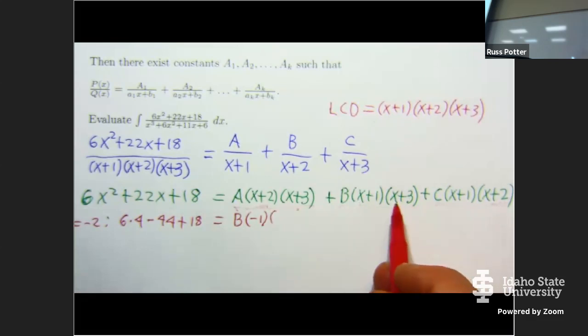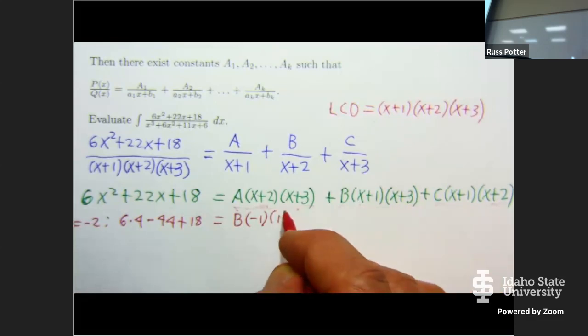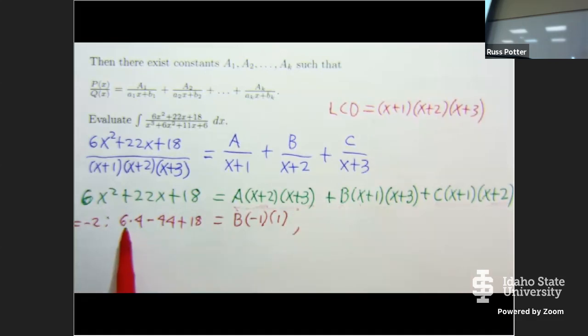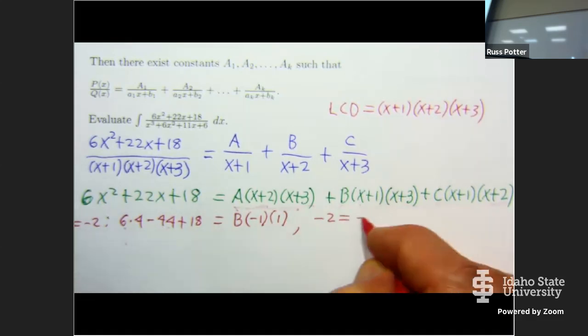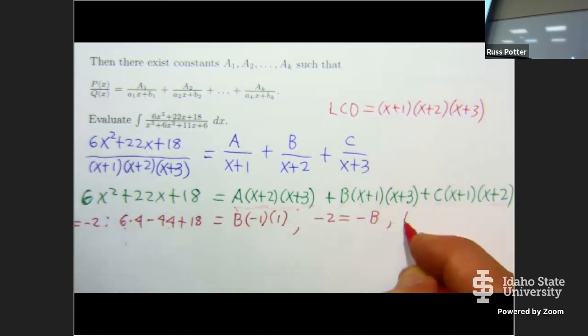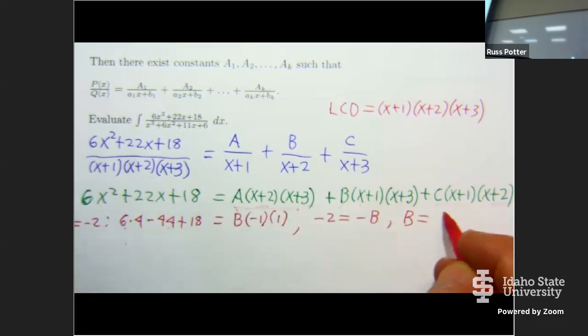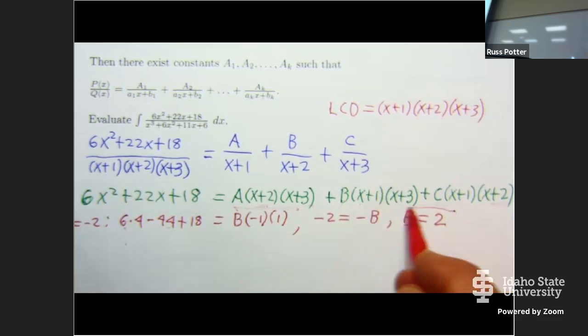And in the other factor, -2 plus 3 is 1. So a little bit more arithmetic. We have 24 minus 44 is -20. -20 plus 18 is -2. -2 equals -b. So that means our value b is +2. So now we know that b is +2.